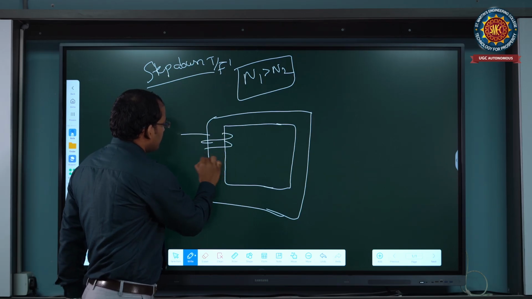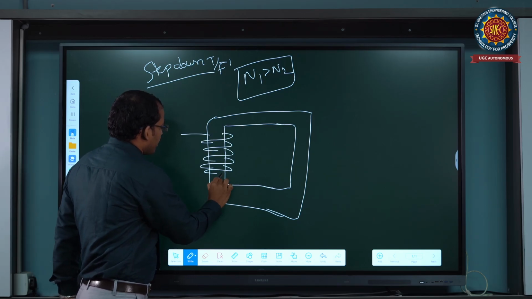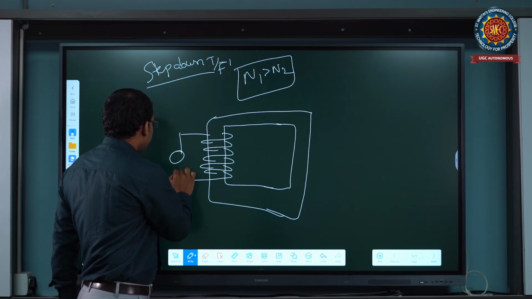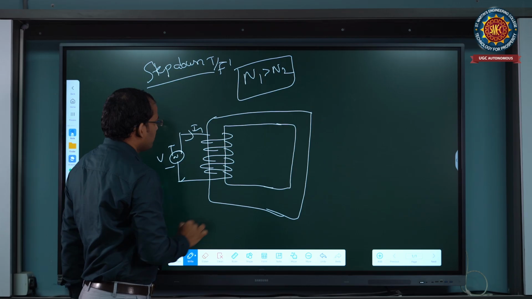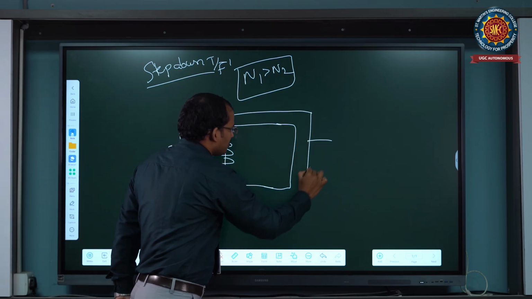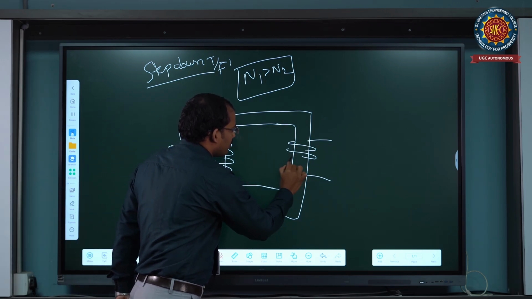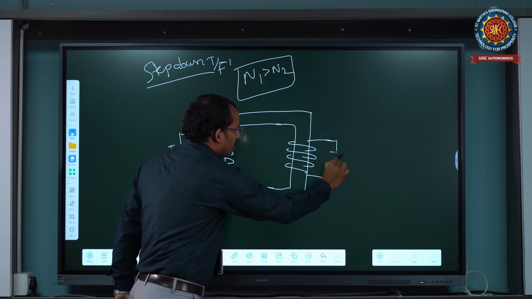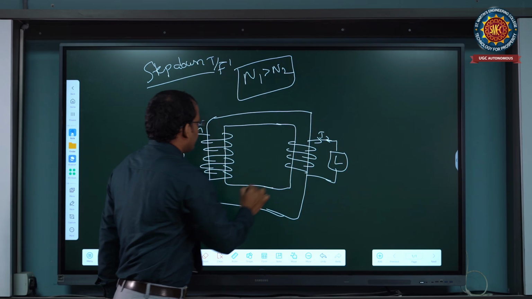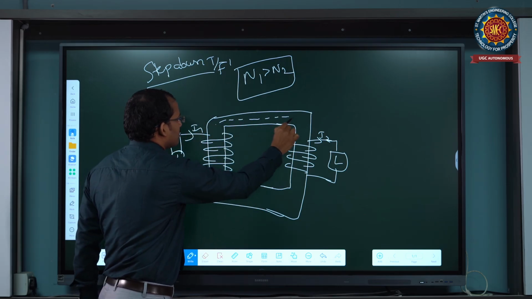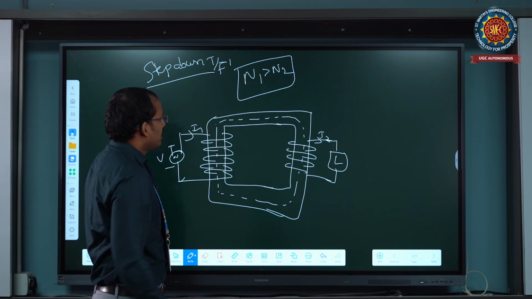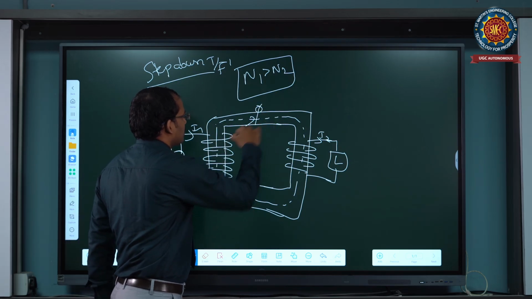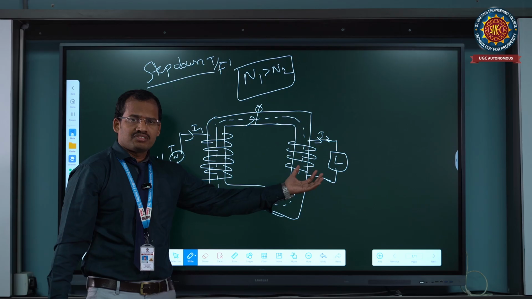See the diagram. This is the primary winding connected to the voltage side with current I1, and similarly the secondary side has fewer turns compared to the primary winding. This is the load side with current I2. The mutual induction or electromagnetic principle interlinks the flux from primary to secondary.